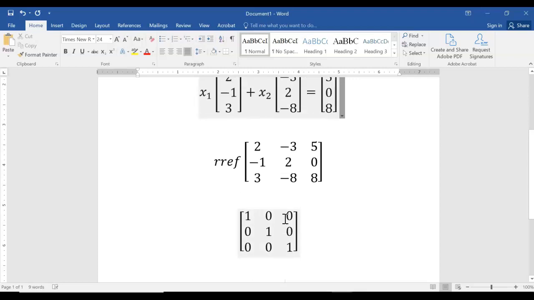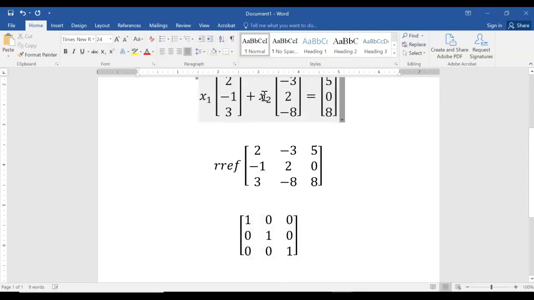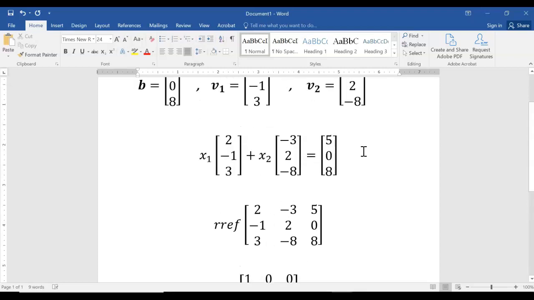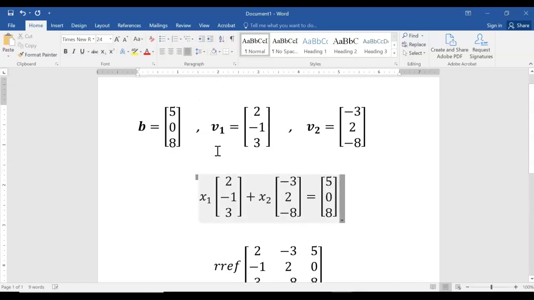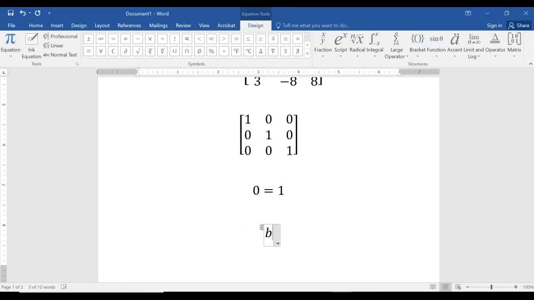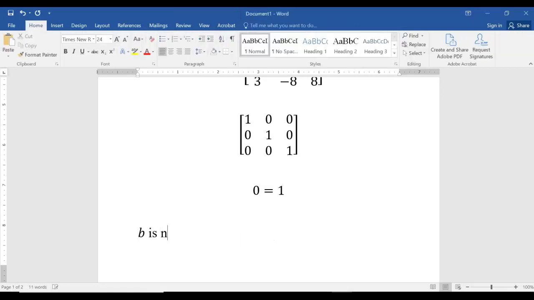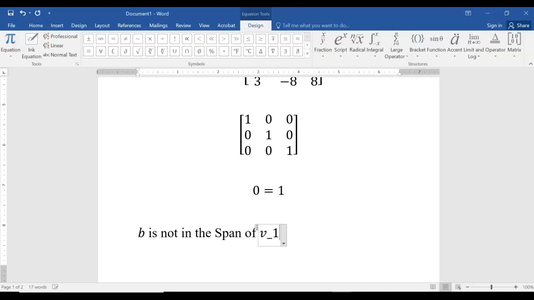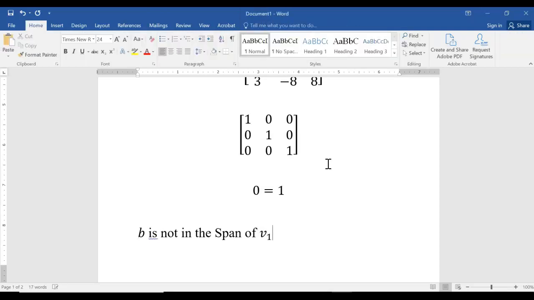That means there's no way to find x1s and x2s to make this work, which means that b is not in the span. So b is not in the span of v1 and v2.